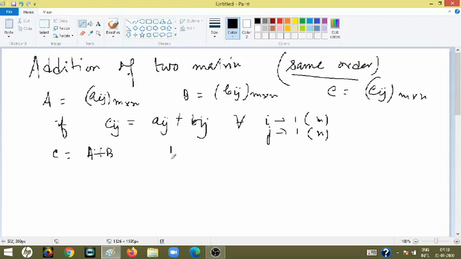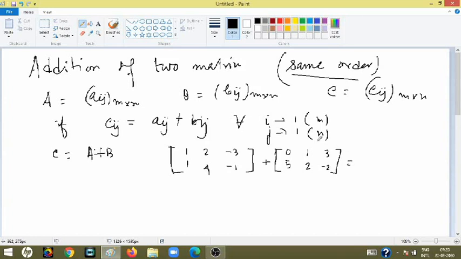Now let us see a small example: 1 1 2 4 minus 3 minus 1 plus 0 5 1 2 3 minus 2. Then what will it produce?